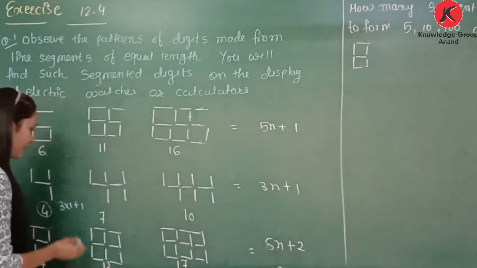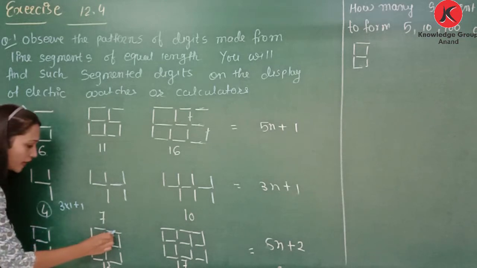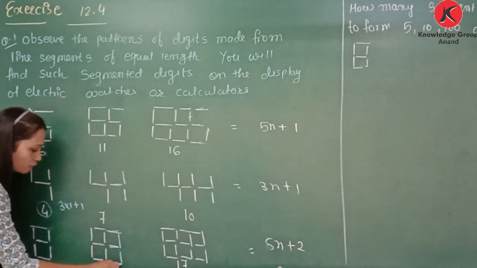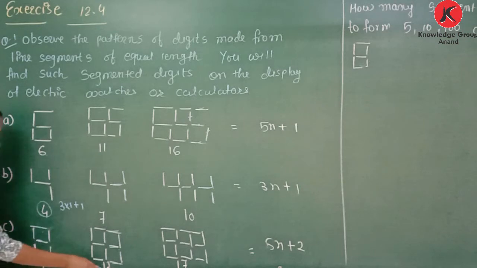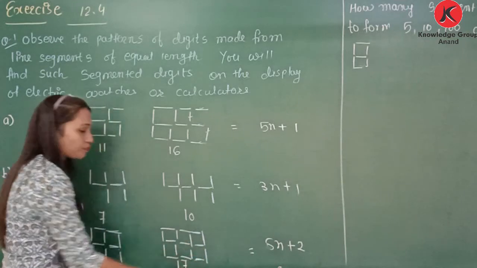If we take the pattern for 8, how many line segments are required for 8? That is 1, 2, 3, 4, 5, 6 and 7. Now for the next 8, we need to add 1, 2, 3, 4 and 5, so 7 plus 5 is 12 line segments. For the next pattern, again we add 5.